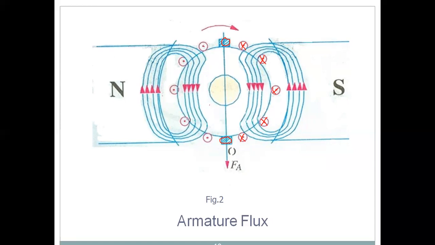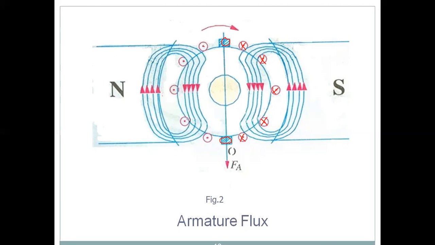How flux develops around a conductor can be found by the thumb rule. Which thumb rule? Right hand thumb rule. The thumb indicates where the current is leaving or coming, that is, when the current is cross or dots.